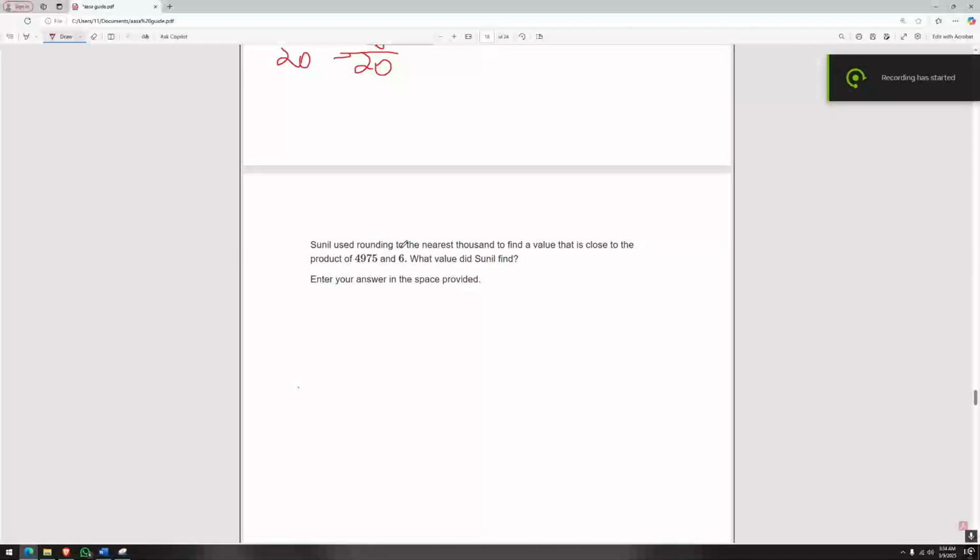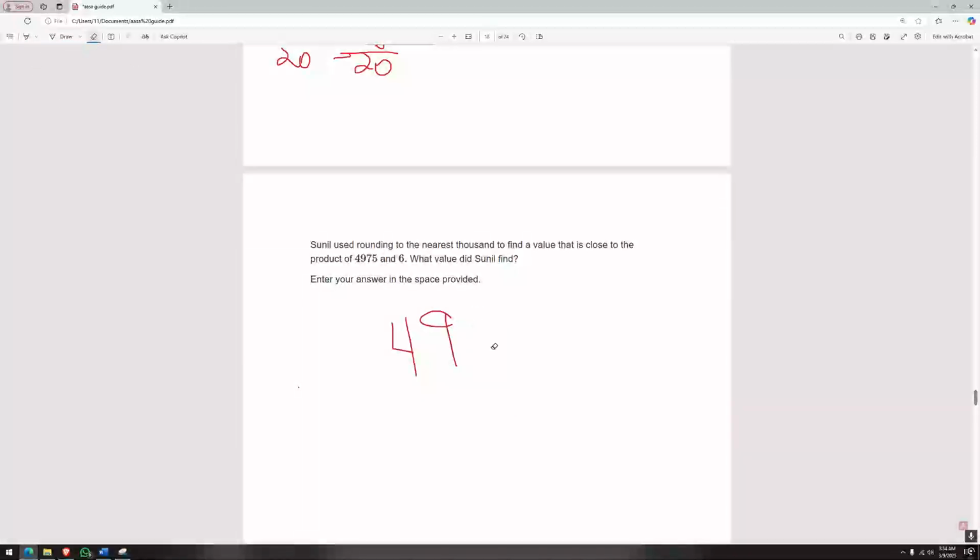Okay, this one is like a multi-step problem. Some use rounding to the nearest thousand. Okay, I'm gonna put the number in here in like big. I got confused. Okay, look, this is a 2-step problem.